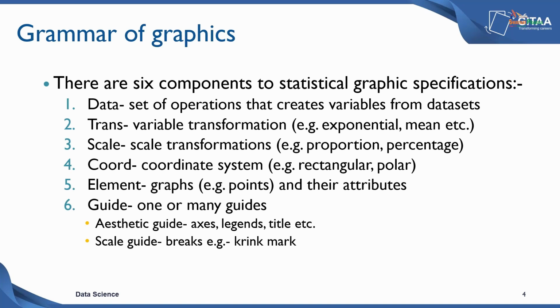If you have aesthetic guides, then it represents the axis, legends or titles of the graph, and if you have scale guide, then it represents basically the breaks or the tick marks in your graph. Whenever we have a graph where the axis limits or bounds are out of range, then we would like to shrink the range by using a tick mark. So that is scale guide.